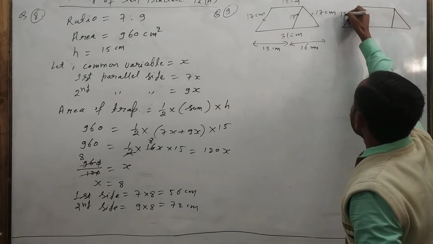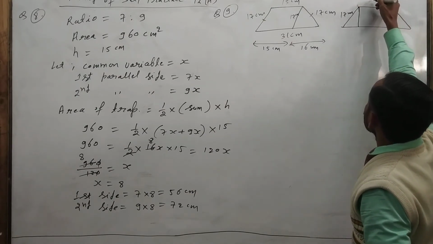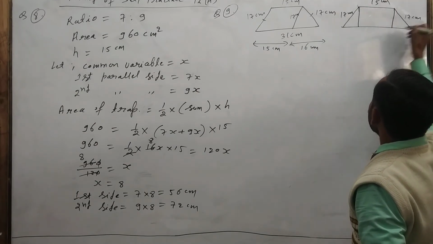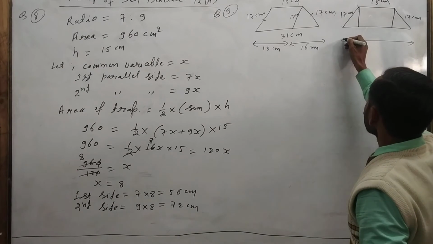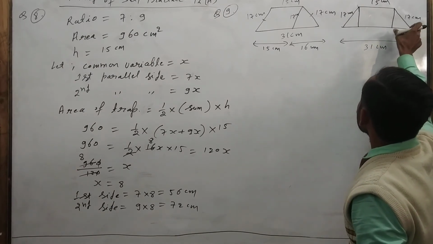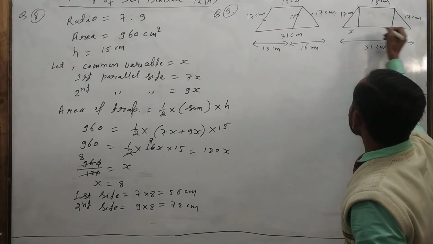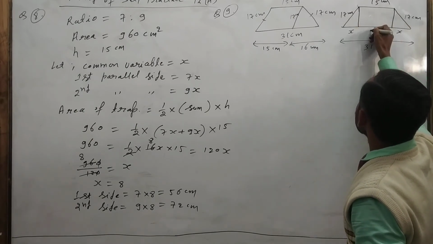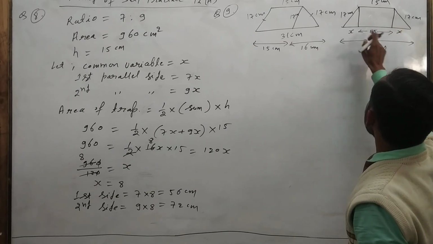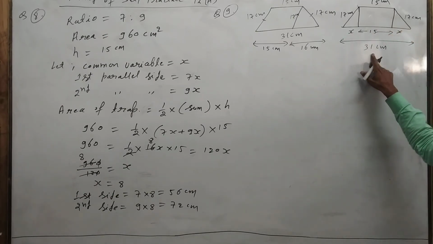Then this one is 17 centimeter and this one is 15 centimeter and this one is 17 centimeter and this whole is 31 centimeter. And here both sides will be equal. This one is x, this one is x, and this one is 15 centimeter till this. Okay, we'll add these three. It will come equal to 31.